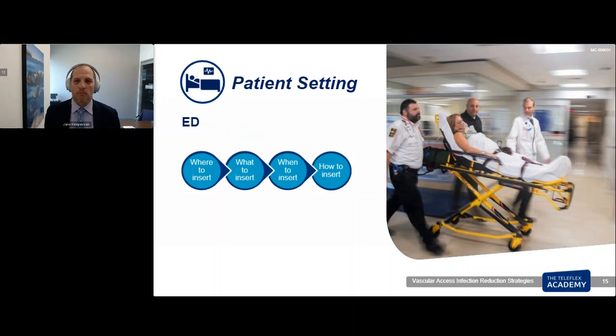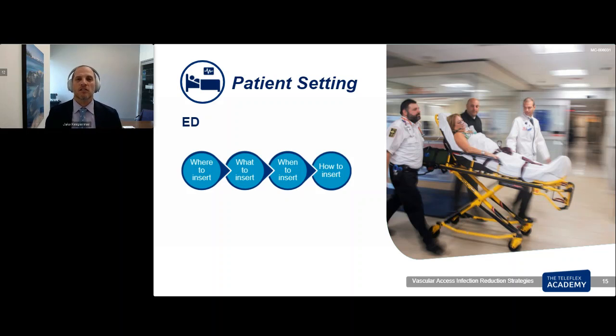How about the emergency department? Again, peripheral IVs and IOs have their place and are great. And if somebody has one and it's working, use it. If you need to rapidly resuscitate somebody, you have a patient with a GI bleed, a RIC, or a rapid infusion catheter, is also an incredible tool.